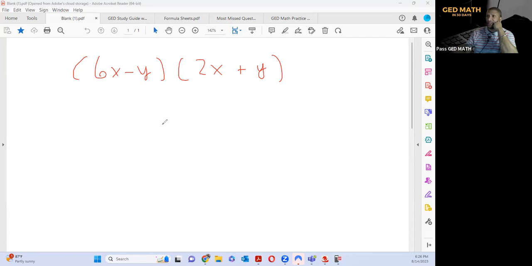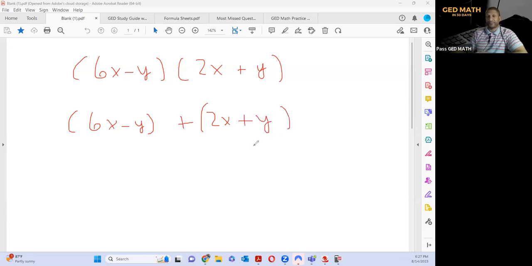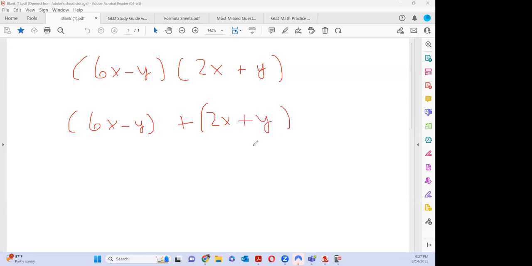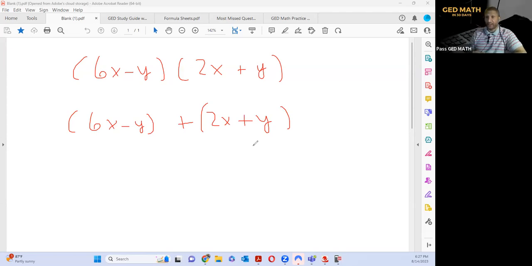Oh my God, how do you do that? Remember, this is the distributive property. You've got to start with the basics. When you see those two expressions in parentheses, you know you have to multiply. So this is different than this. The top expression is multiplication.